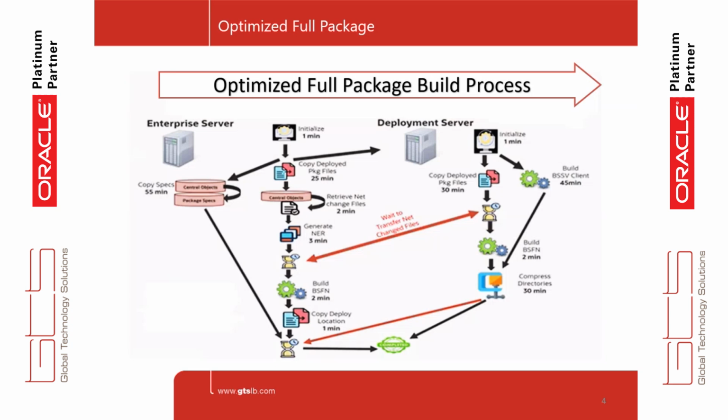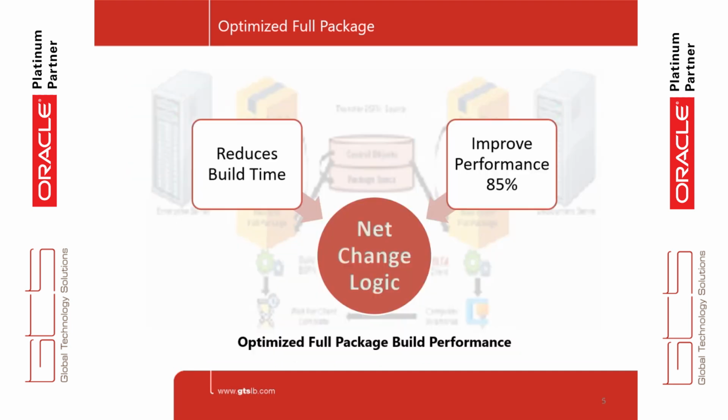This net change build option triggers the package build process to evaluate a list of business functions that have changed between the last full package and the new package build to date. So what are the benefits? When we talk about the benefits of the net change logic in the package build, we have improved the performance of the complete cycle by 85%.